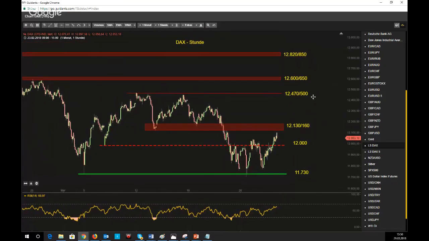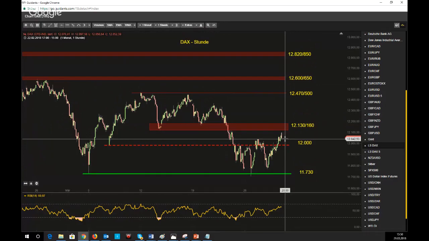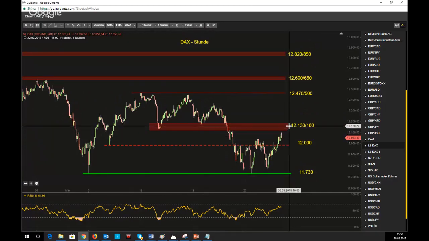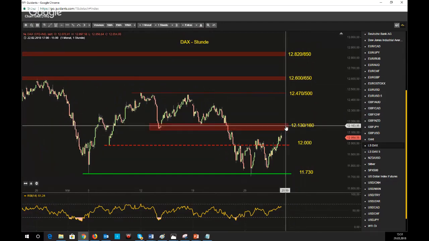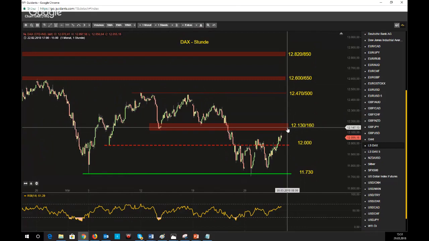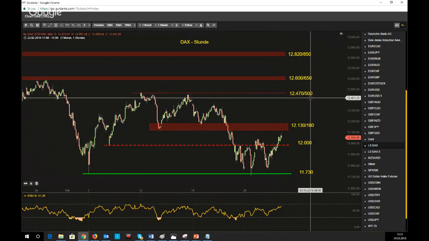It still has potential, and I think it's likely that we'll close the week above 12,000 points. And then I say 12,130 to 12,160 is achievable, even though I doubt that we have so much potential to make it up to 12,470, 12,500 points.